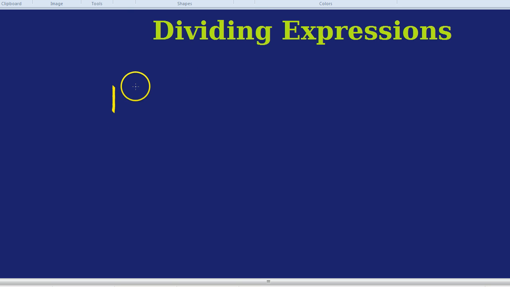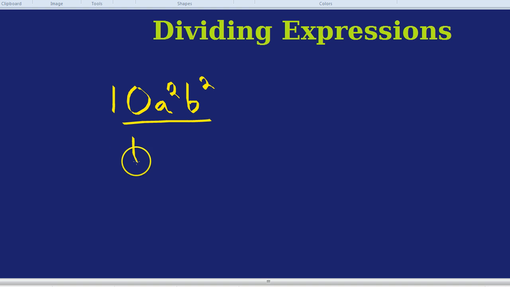How about 10 a squared b squared divided by 10ab squared? Let's do it step by step. What's 10 divided by 10? Anytime you have a number divided by itself, you always just get 1.